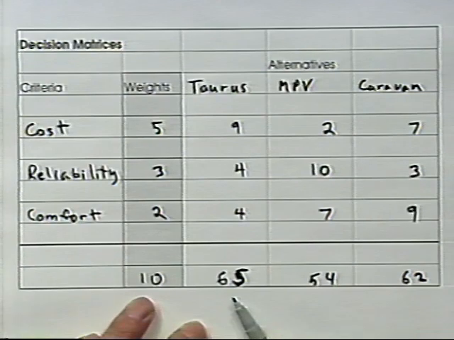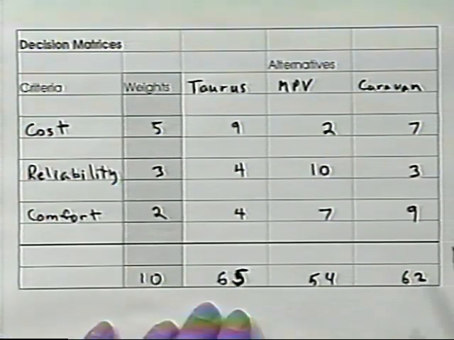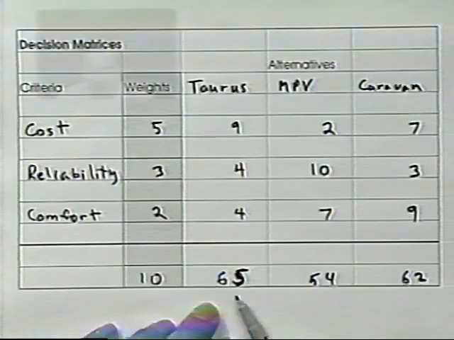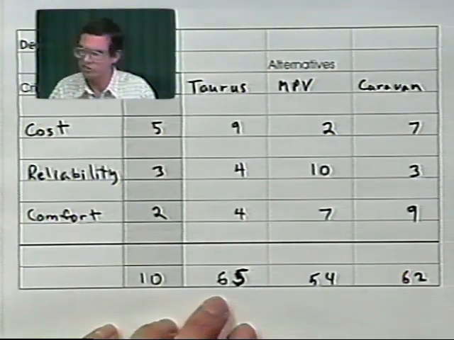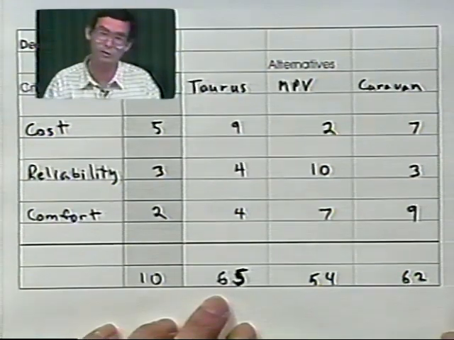So there's also an absolute interpretation of these numbers, as the percentage of an ideal alternative that each of these alternatives meets. So even though the Taurus is best, it's really only 65% of the ideal alternative. And that's useful information to know too.